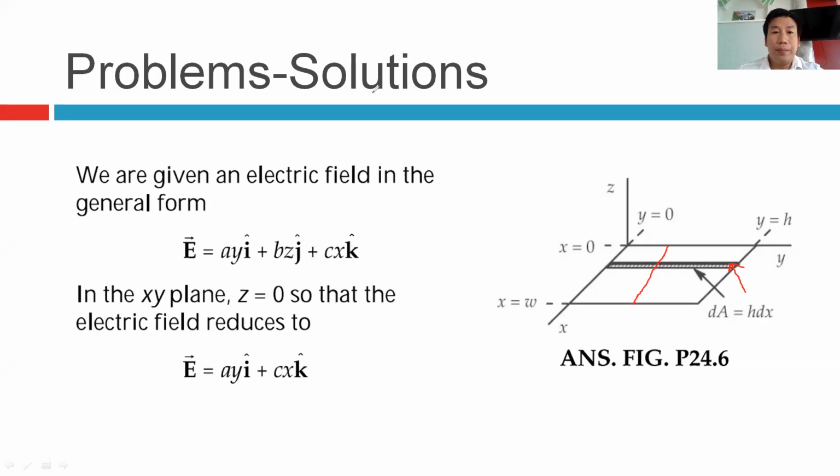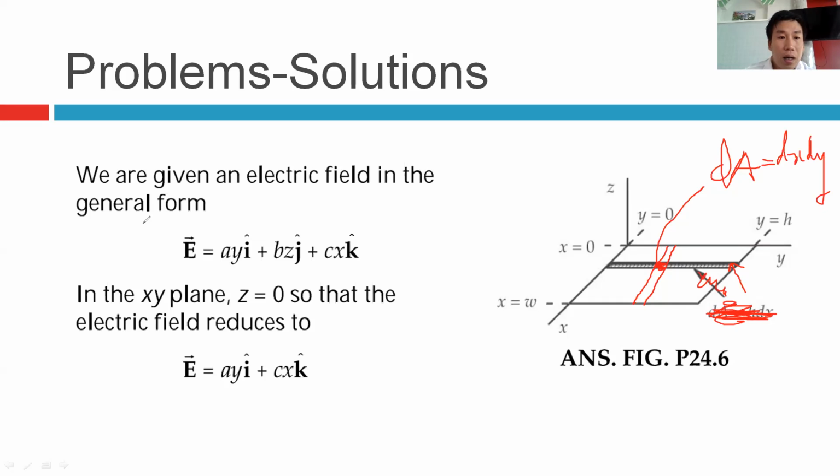Okay, in this problem, we don't need to waste our time on him. In this case, we can divide this plane into many very small dA, right? We can divide this plane into dA, which is dx multiplied by dy. We don't need to divide it in this way; we divide dA this way.